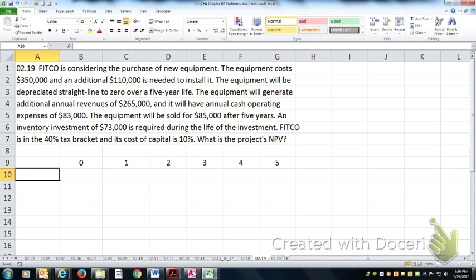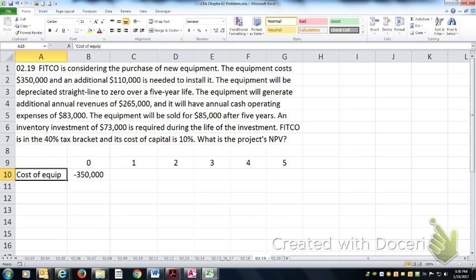The equipment cost is a negative $350,000 because it's an outflow. Installation is negative $110,000. Okay? So that's $460,000 before we get started.